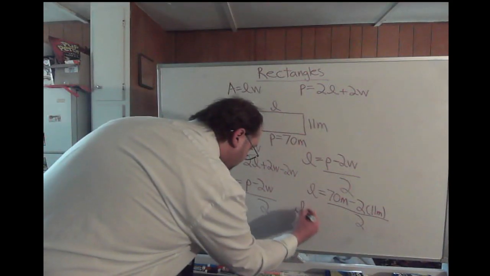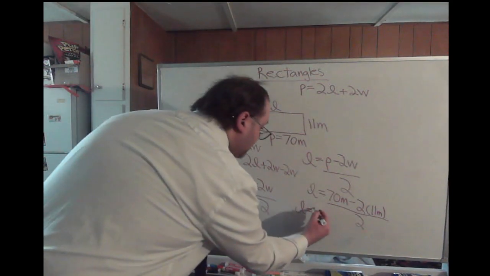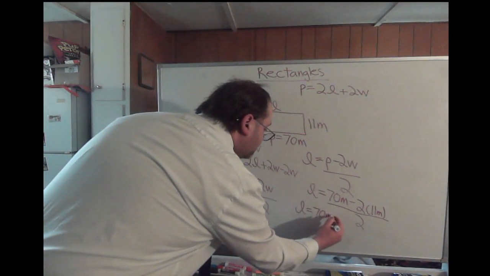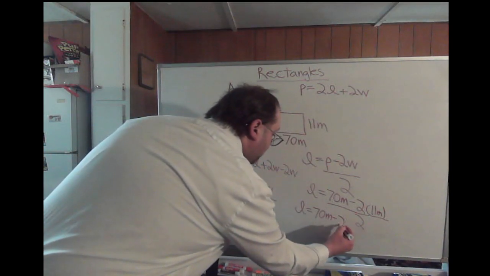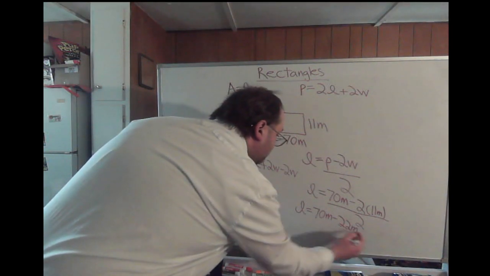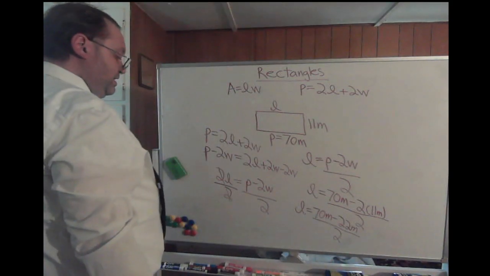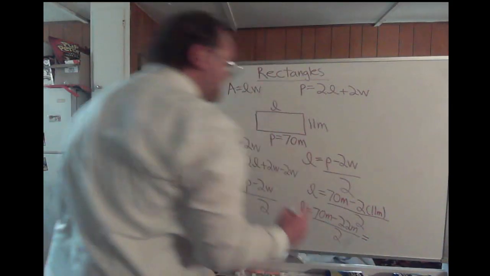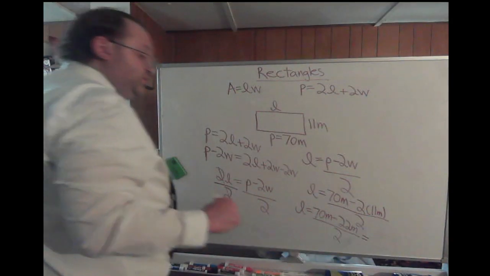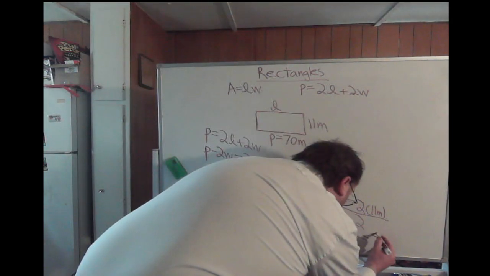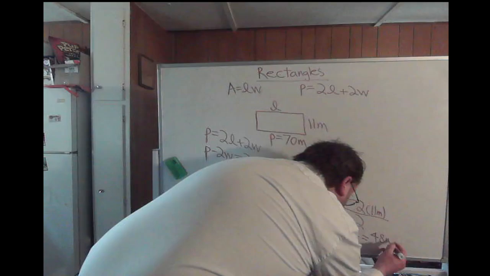Your length is going to be equal to 70 meters minus 2 times 11, minus 22 meters, all over 2. Which is going to equal, what's 70 minus 22? That would be 48 meters over 2.